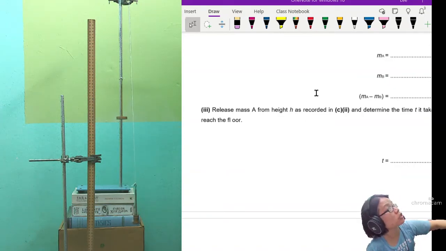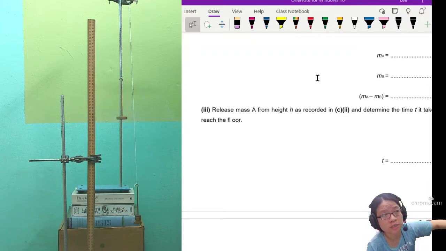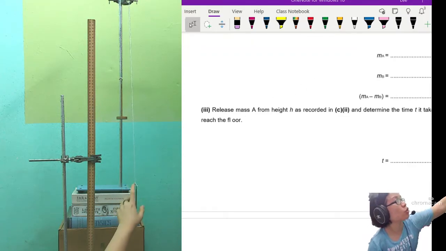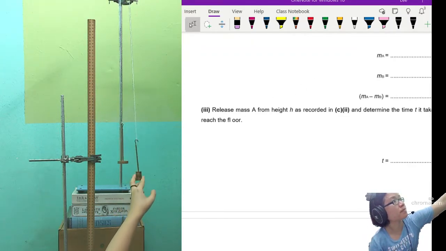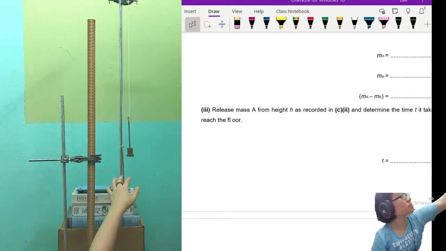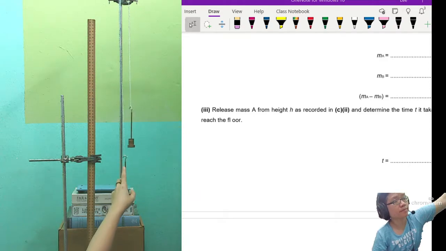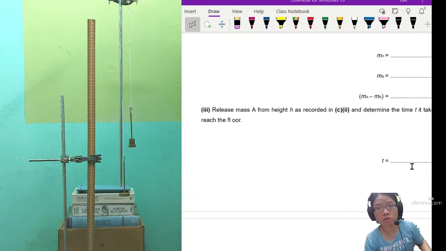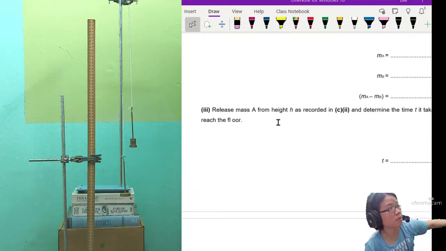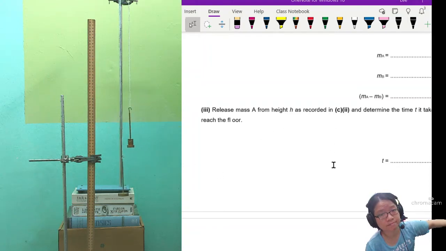You know that the H is the same because the top of this hook here is touching the pulley, okay? Anyway, to measure the time it takes to reach the table, we'll do that now. And then after that, we will see what happens.